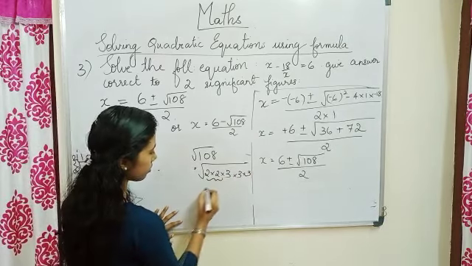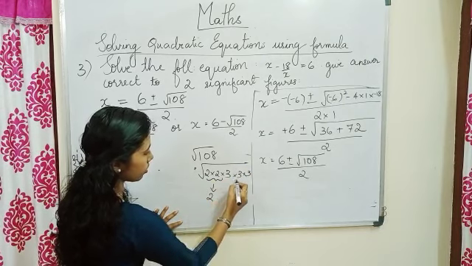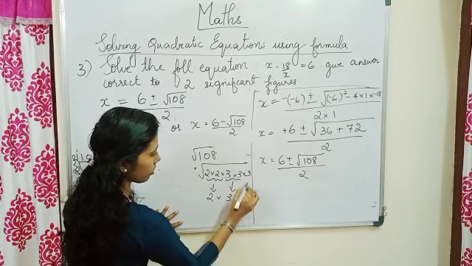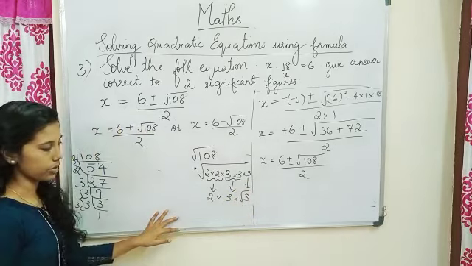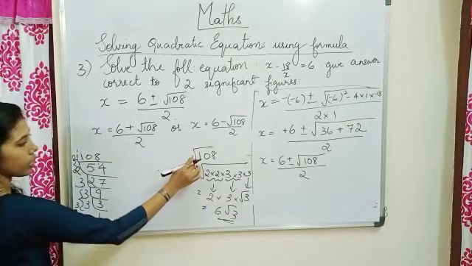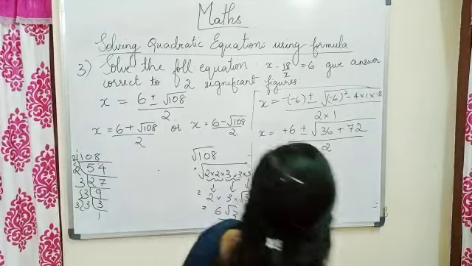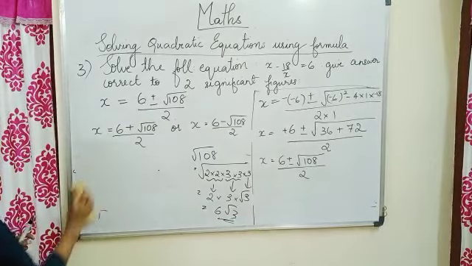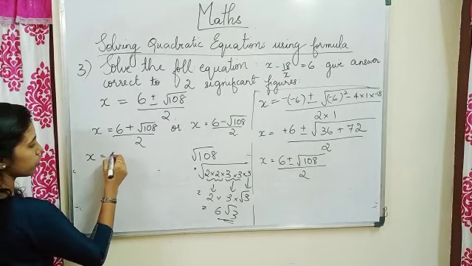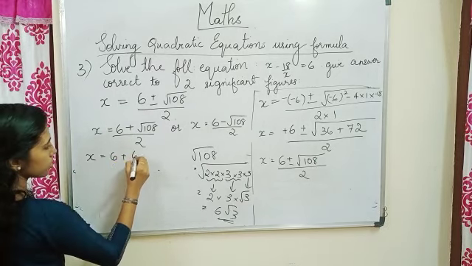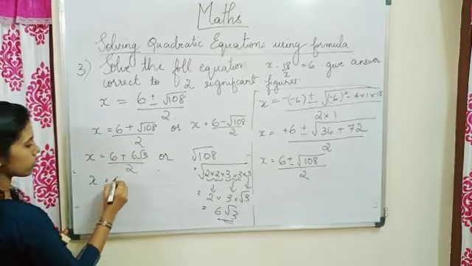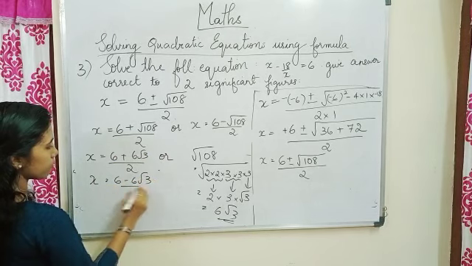Again pairing, this 2 will come outside as 2, then this 3 will come outside as 3, then into root 3, the balance 3 comes outside as root 3. So we get 6 root 3. So the value of root of 108 is 6 root 3. Then on putting that value, x is equal to 6 plus 6 root 3 by 2, or x is equal to 6 minus 6 root 3 by 2.